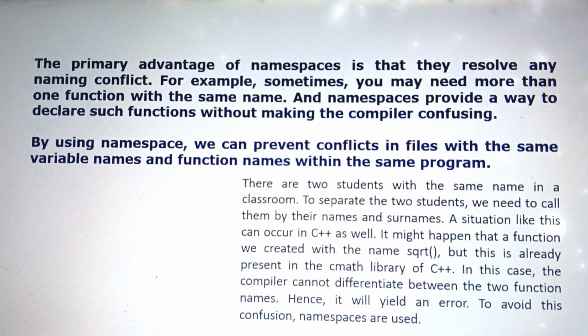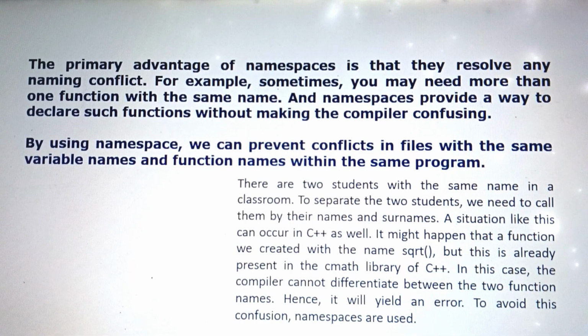If you do, the compiler will get confused and create an error. Then how to solve this problem? C++ provides one facility, namespaces. By using namespaces, we can prevent conflicts with the same variable name and function name within the same program.